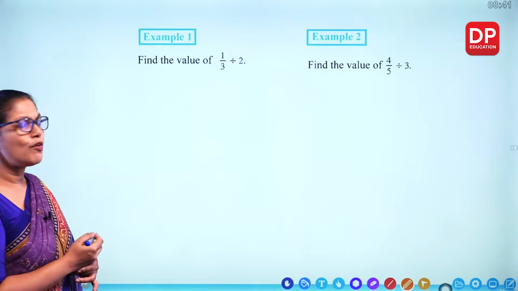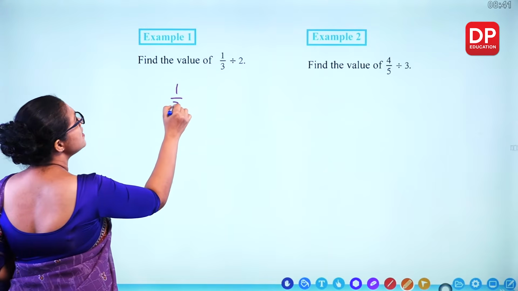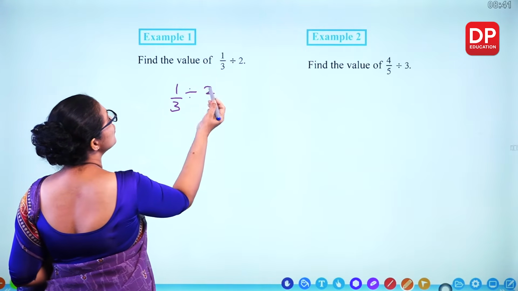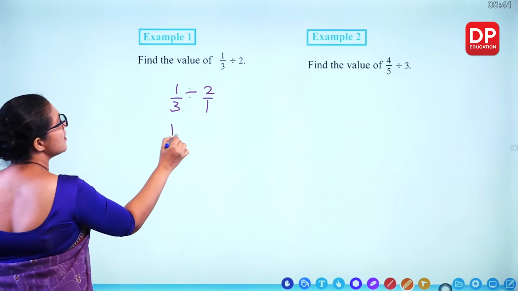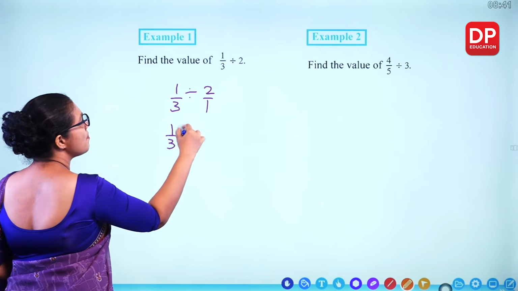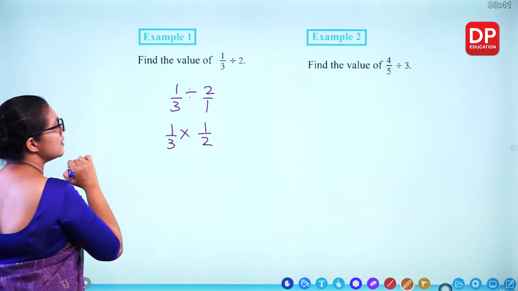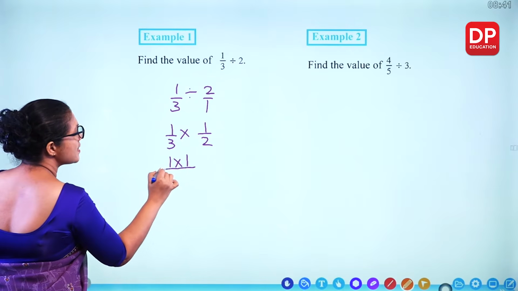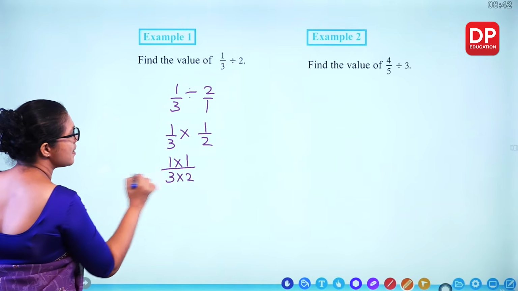Example number 1. Find the value of 1/3 divided by 2. So 2 means 2/1. Convert to multiplication by taking its reciprocal. Multiply the numerator separately and the denominator separately.